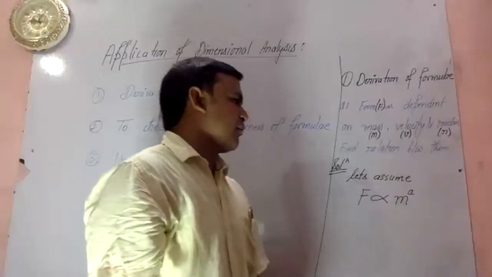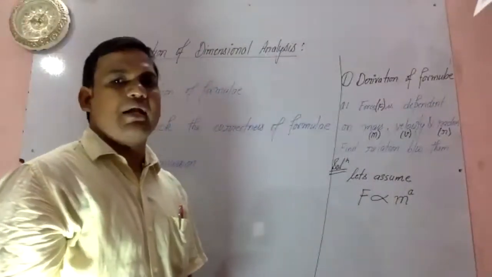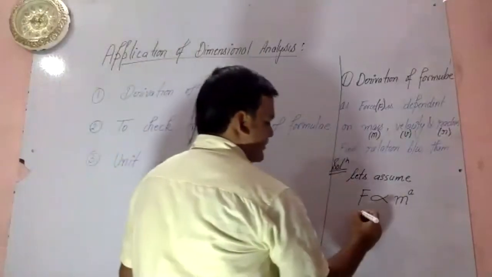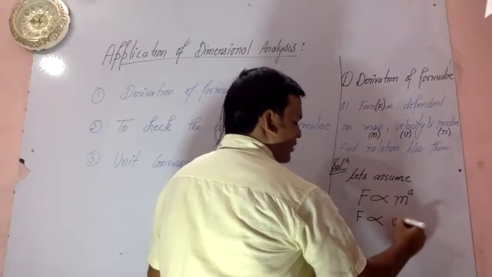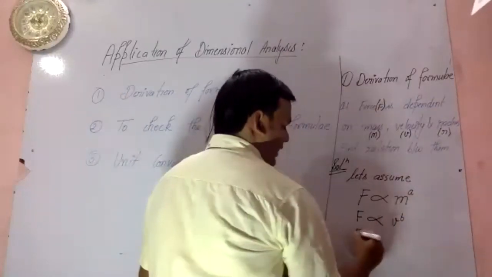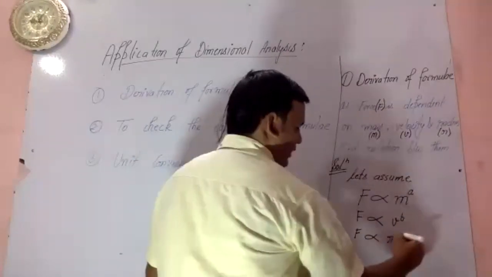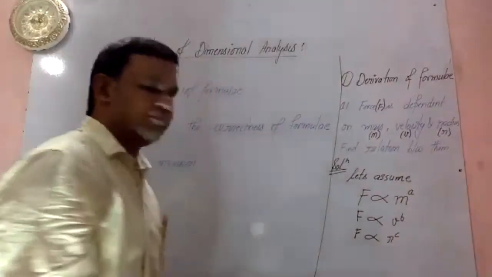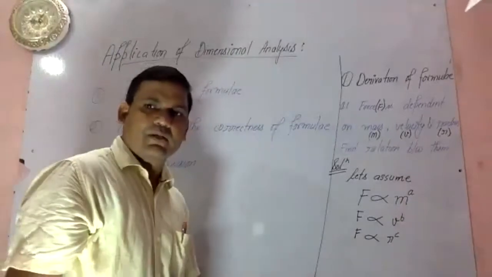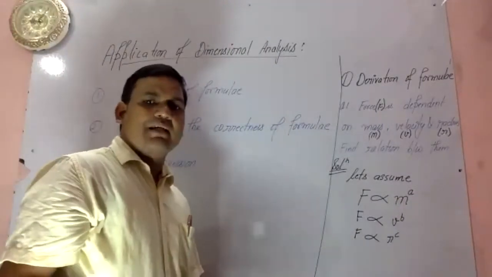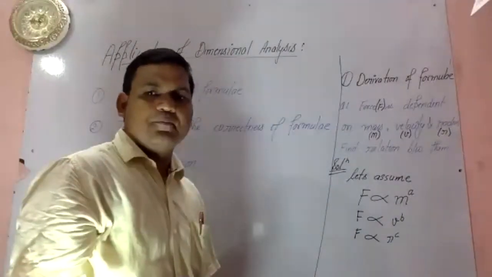Force is proportional to m to the power a, it is also proportional to velocity to the power b, and it is also proportional to r to the power c. Is it clear to all of you or not? Yes, sir.